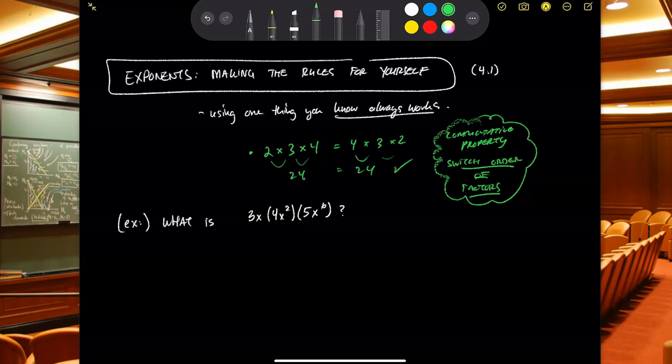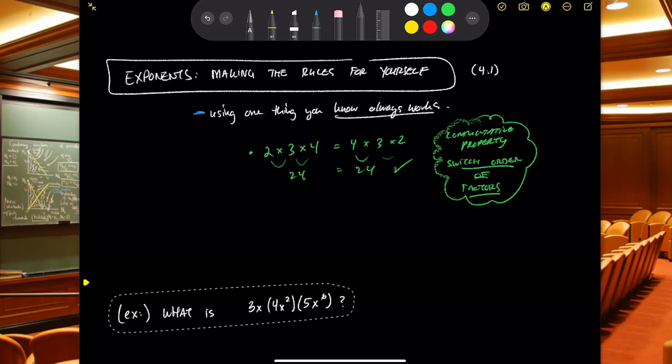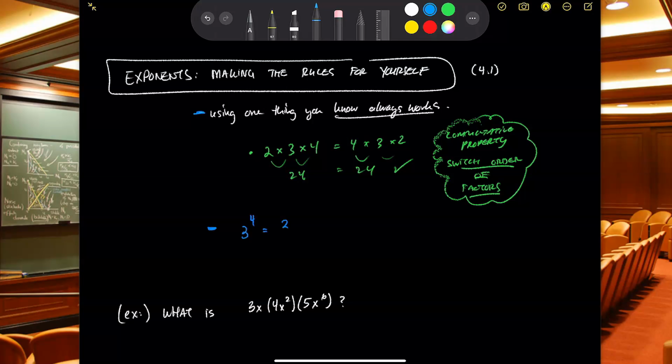Okay. So there's that, and then there's also the definition of exponents. Let me scoot this down here. Which is that 3 to the 4th power is just 3 times 3 times 3 times 3. It's multiplying itself 4 times, right? And likewise, 2 to the 3rd power is just 2 times 2 times 2.